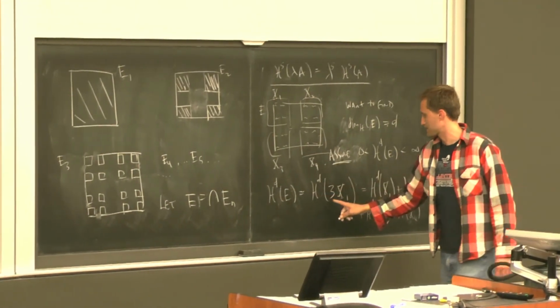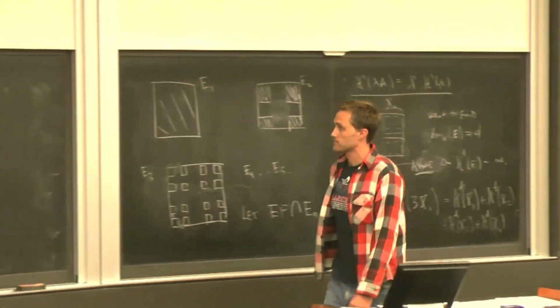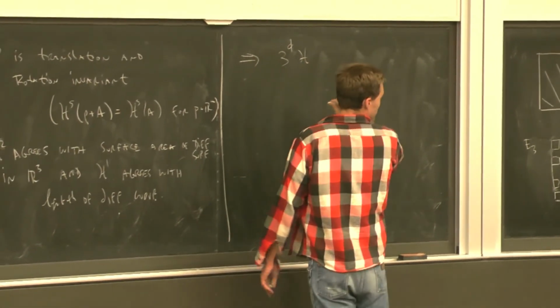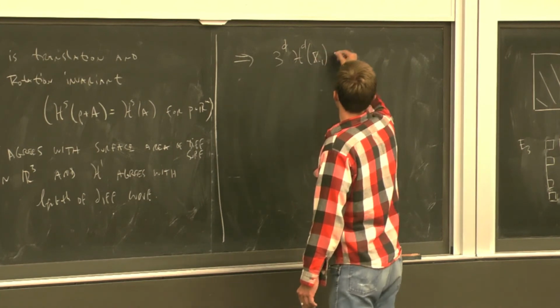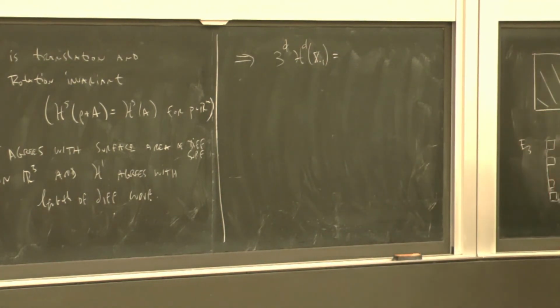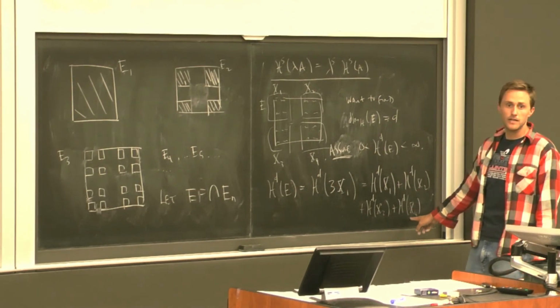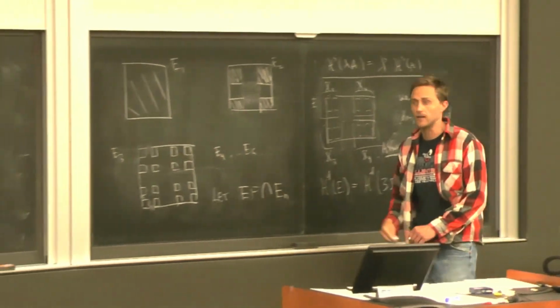So I'll pull this 3 out, and equate this to 3 to the D times HD of x1. But at the same time, it's also translation invariant, so all of these should be equal to HD of x1. So we have 4 of these sitting right here.